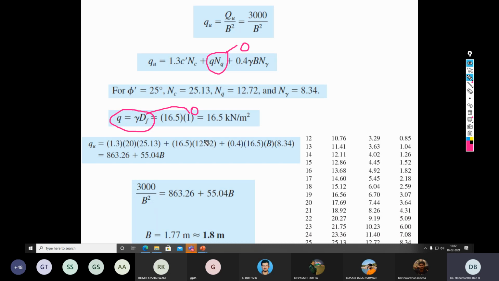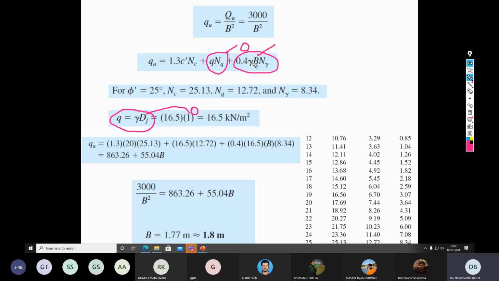Now my another question is, what will happen to the bearing capacity if I increase the width of the footing? It will increase, because the width is inbuilt in the third term, that is gamma B N gamma. So as you increase the width of the footing, there is an increase in the bearing capacity.